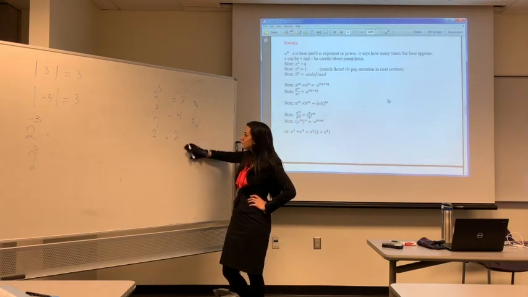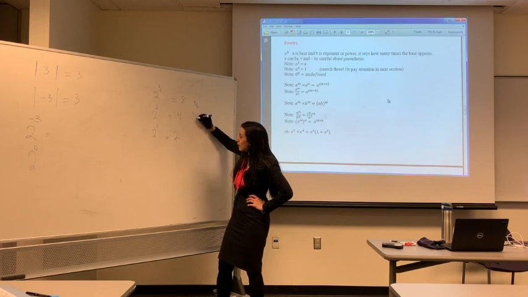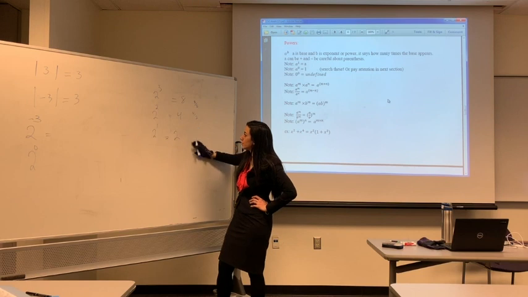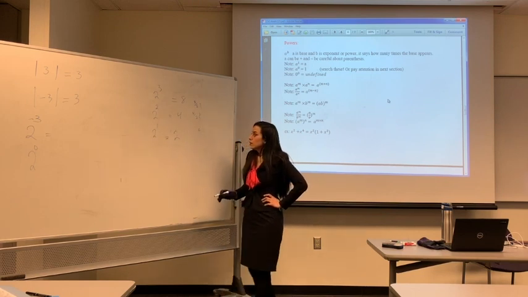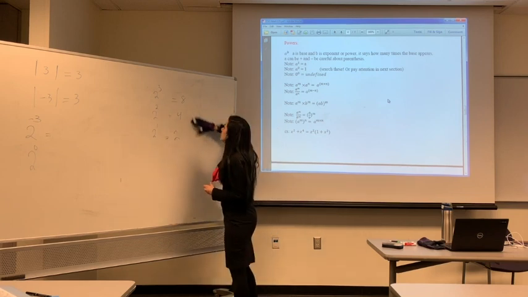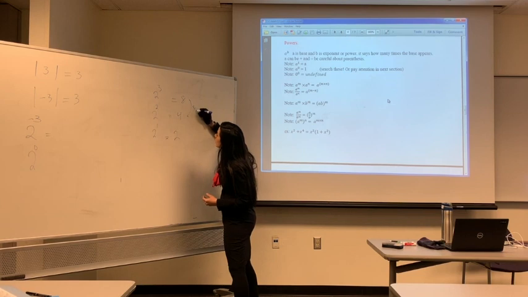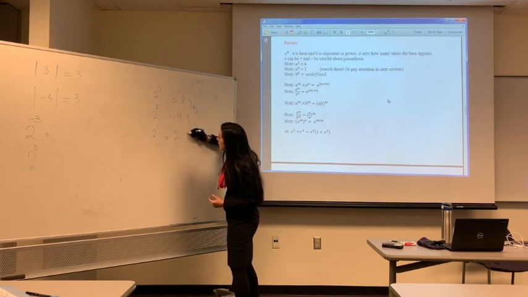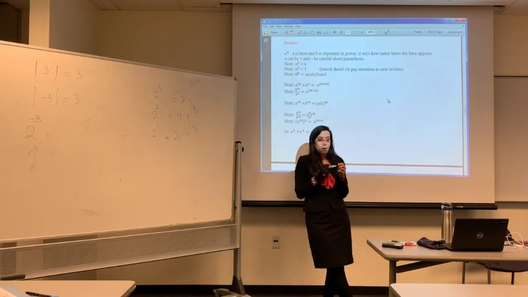So now, let me write it down in this way. From here to here, you can divide 8 by 2. From here, 4 by 2. This is much easier to understand.